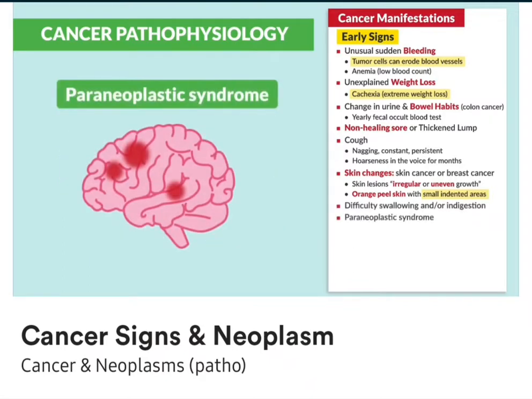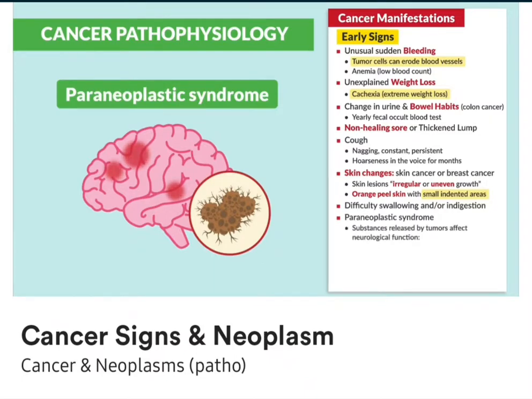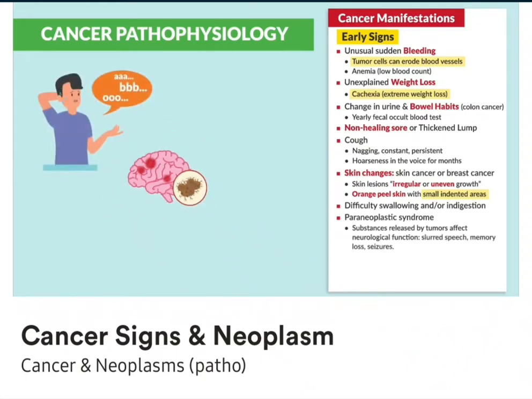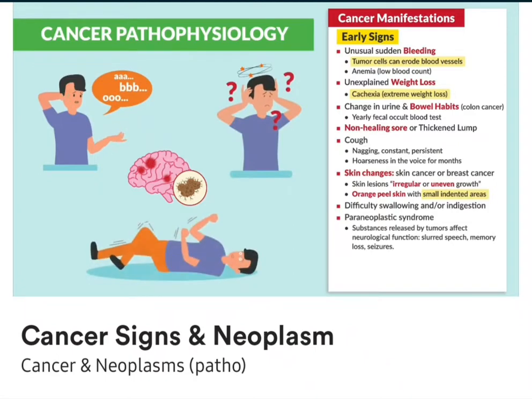The next key term is paraneoplastic syndrome. Now, this is a set of signs that manifest as substances released by tumors affect neurological function. So, for example, slurred speech, memory loss, and even seizures.